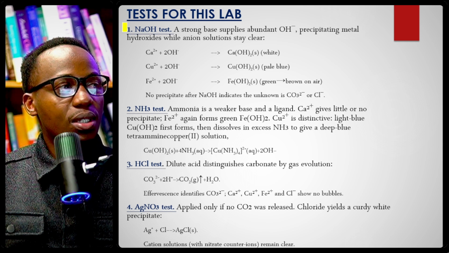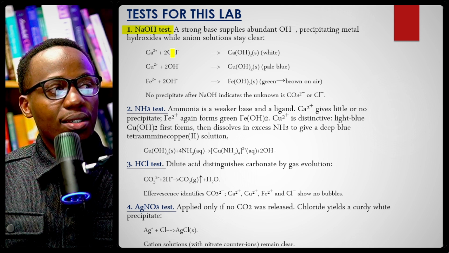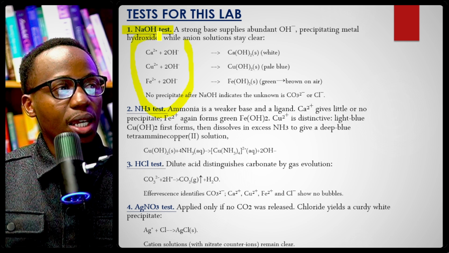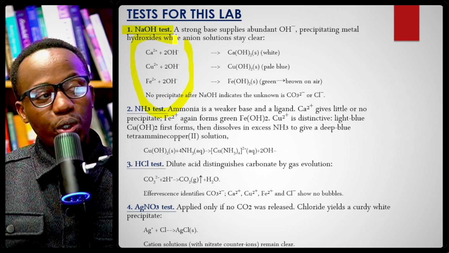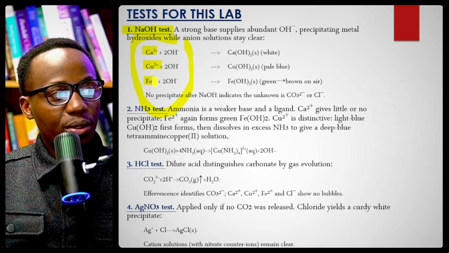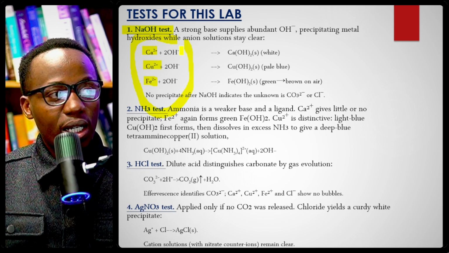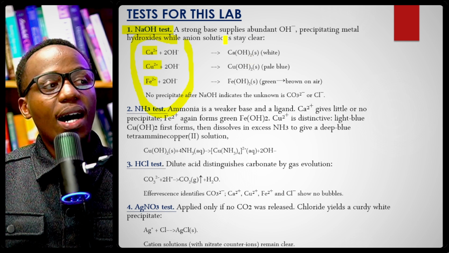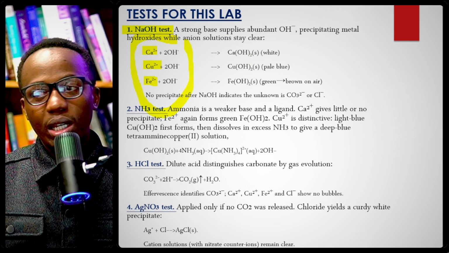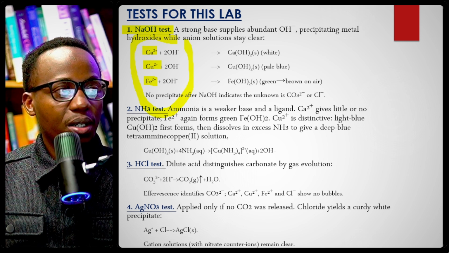So we're going to start with an NaOH test. You're going to take the three solutions, right? Calcium, copper, and iron, and then you're going to add NaOH. Why? Because they have different, distinct precipitates. This lab should be pretty colorful.